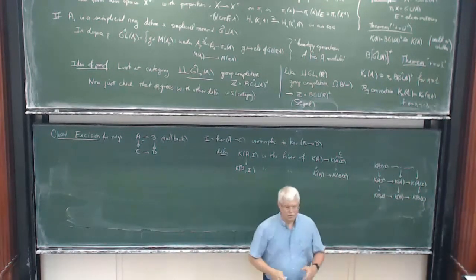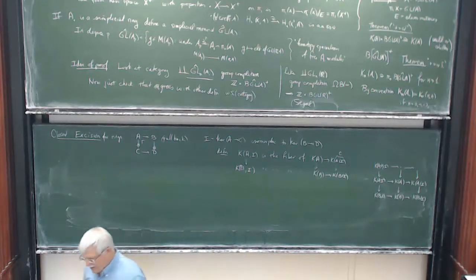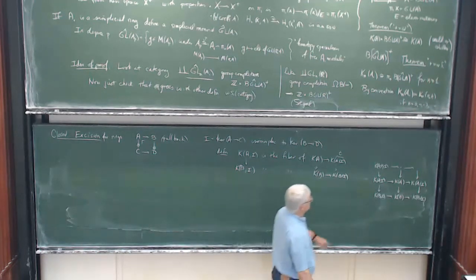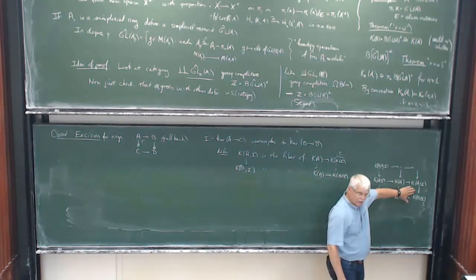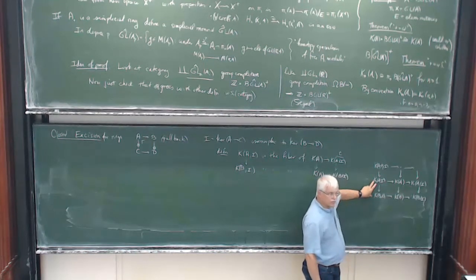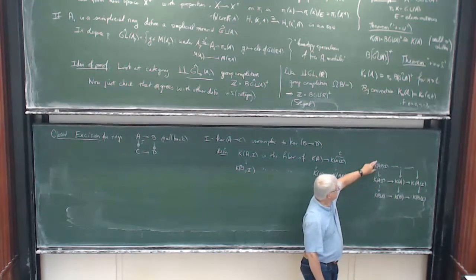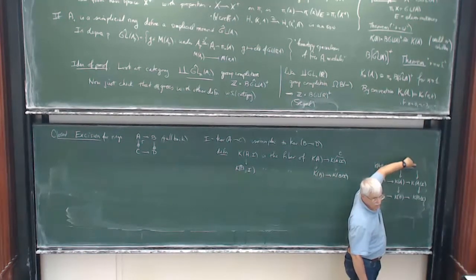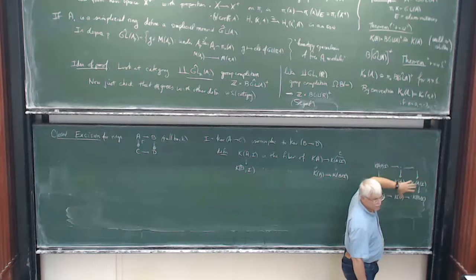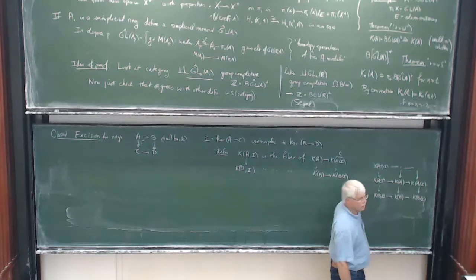So this is a sort of a commutative diagram of spectra. And in order to say that this diagram is homotopy Cartesian, it's the same thing as saying that these two things are homotopy equivalent, which is the same thing as saying that this is contractible, which is the same thing as saying that these two are homotopy equivalent. So we have several different interpretations of what it means for this square to be homotopy Cartesian.